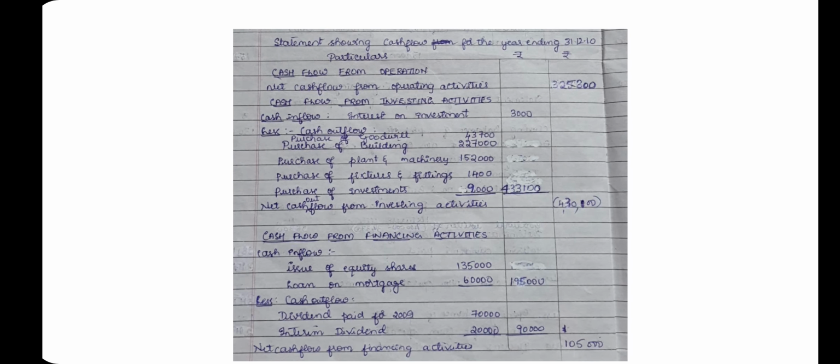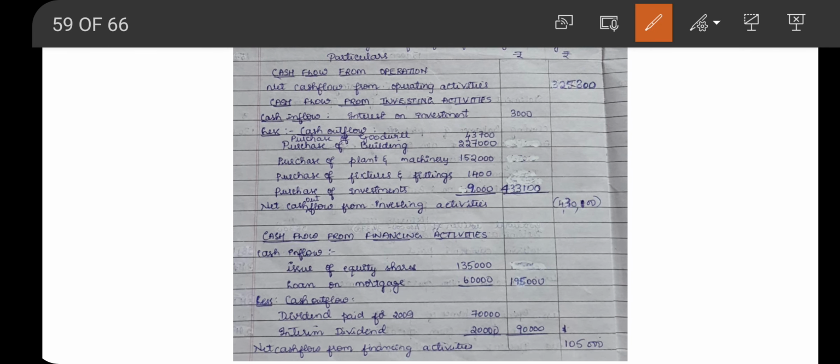Now in the outer column you can see we are having the total of cash flow from operation 3,25,300. Net cash flow from investing activities, we are having a minus balance or negative amount, that is 4,30,100, and net cash flow from financing activity, that is 1,05,000.